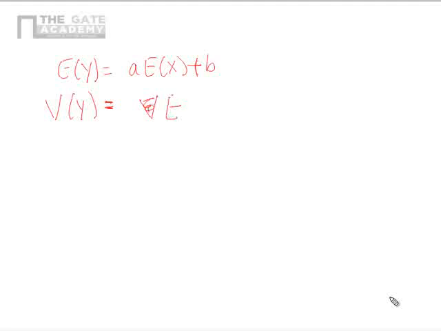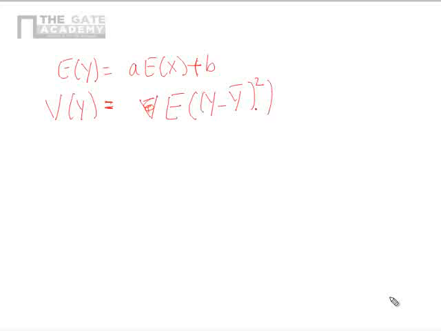Now we found that E of y is nothing but a E of x plus b. Now the second thing is to find V of y. What is V of y? V of y is nothing but E of y minus y bar the whole square.